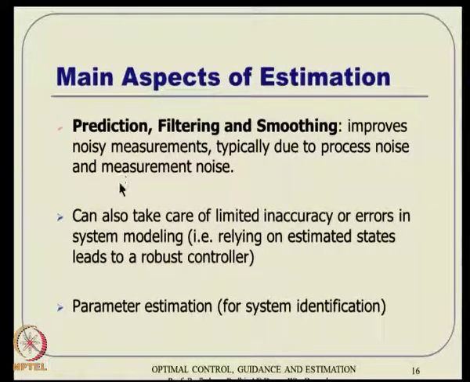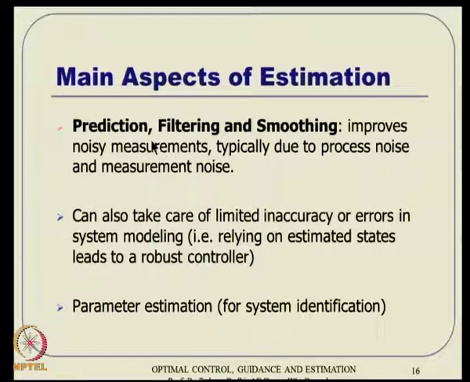And it turns out nicely that this particular formulation of estimation can also take care, in a limited accuracy sense, of the errors in system modeling. That means, if you have some system dynamics inaccuracy, you can think that the inaccuracy is nothing but noise. Especially in structural vibration, we typically take some finite order model, say 6th order.